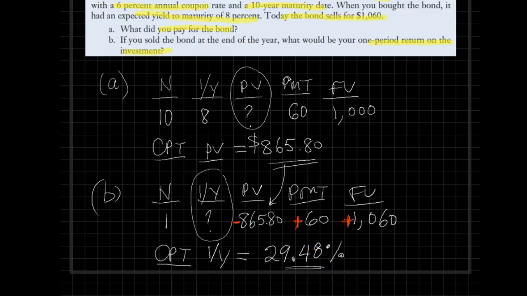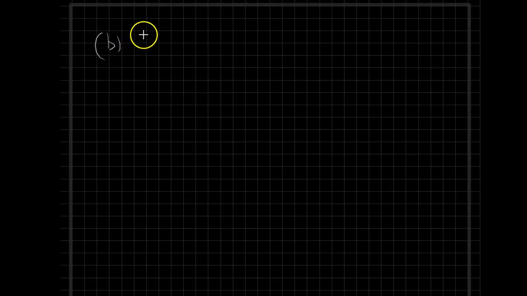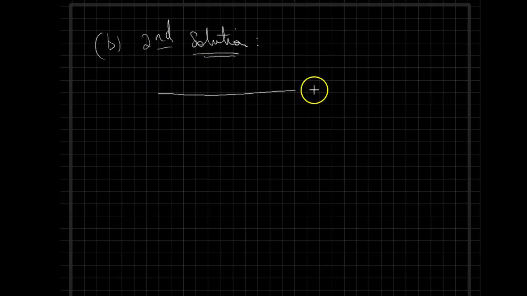And let me provide an alternative method as well. So this is another solution, second solution for part B. One can simply logically see what's going on. So let me draw the timeline. That was last year, and this is this year now, or I should say now.